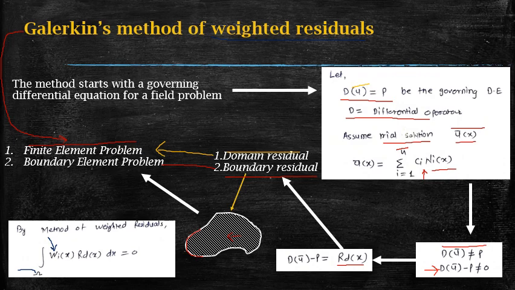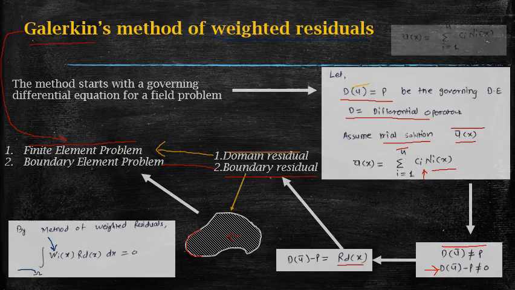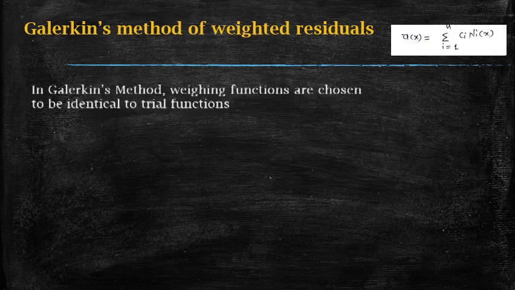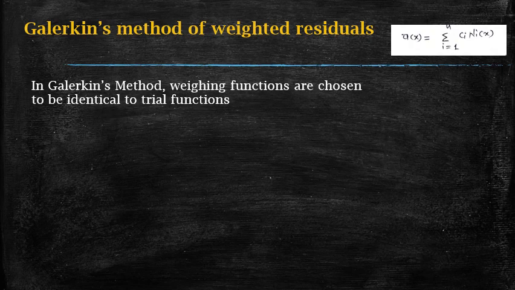There may be different choices of weighing functions, but in Galerkin's method of weight residual, our weighing function is a very special function. And what is that function? We will see. In Galerkin's method, the weighing functions are chosen to be identical to trial functions.